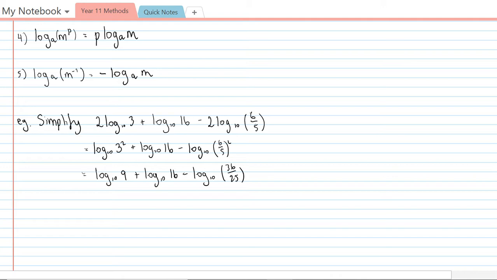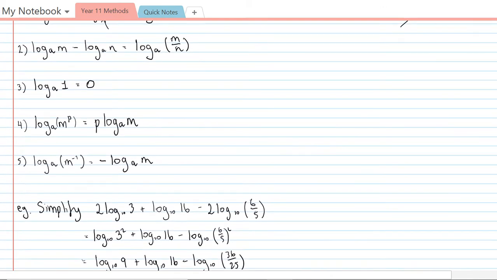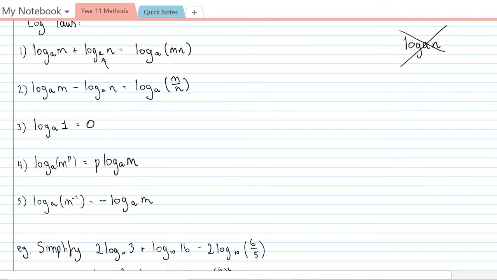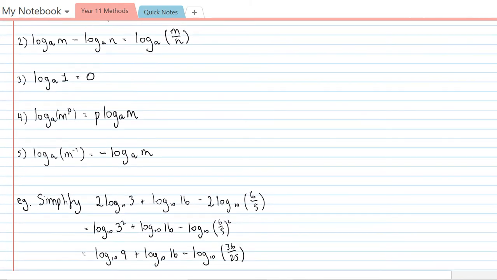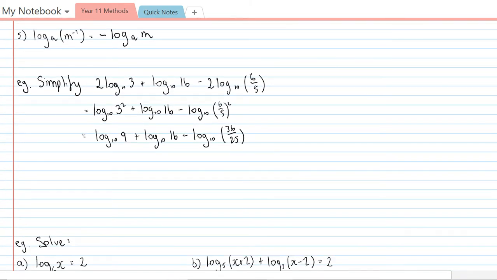Now I'm going to use the first and second laws. So that is, when I add logs, I multiply. When I subtract logs, I divide. So this is going to become log base 10 of 9 times 16 divided by 36 on 25.